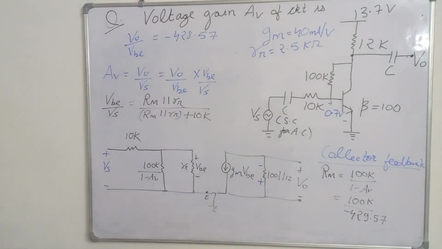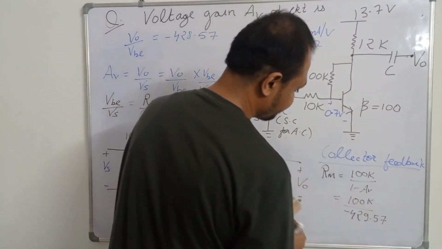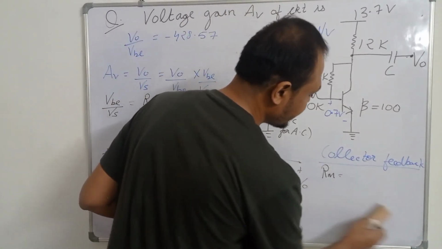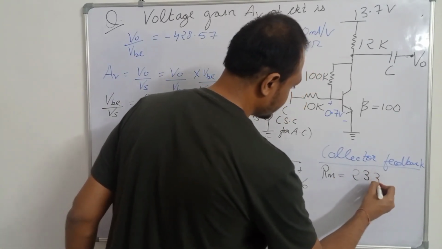So this Rm will be approximately 233. I am writing here Rm is equal to 233 approximately.